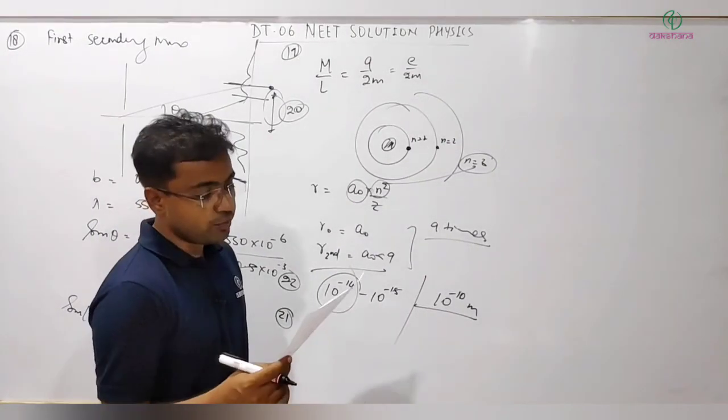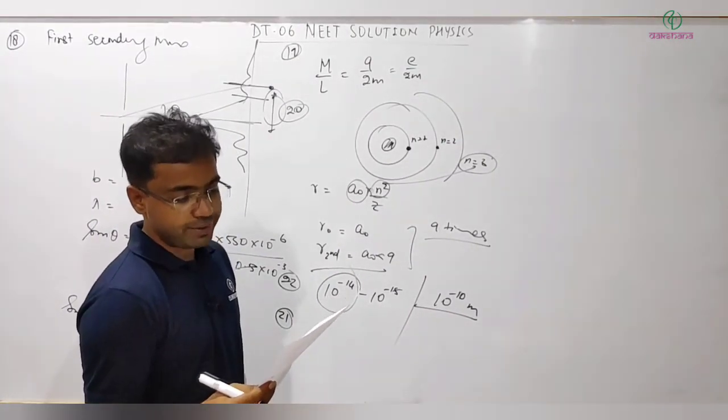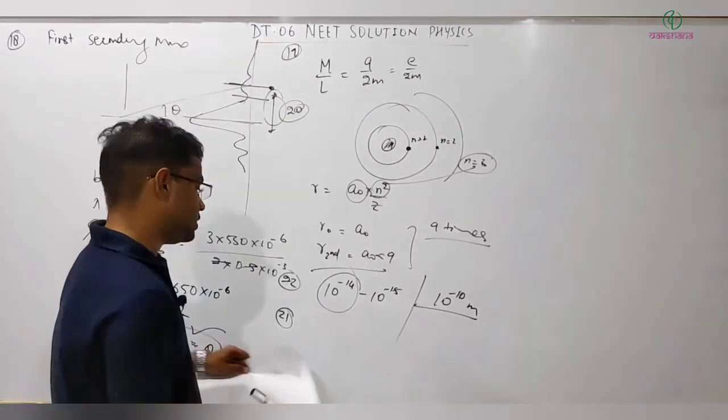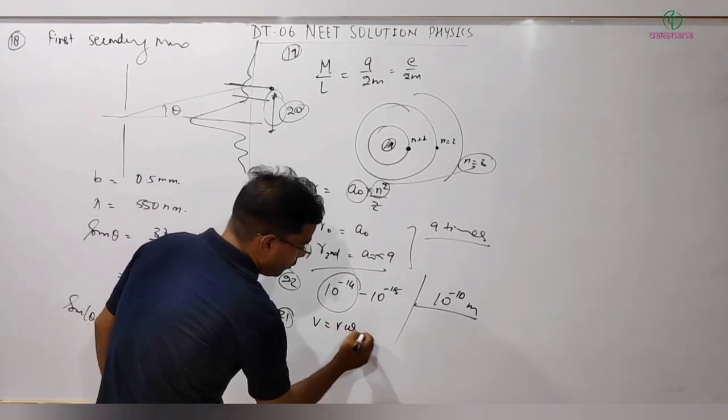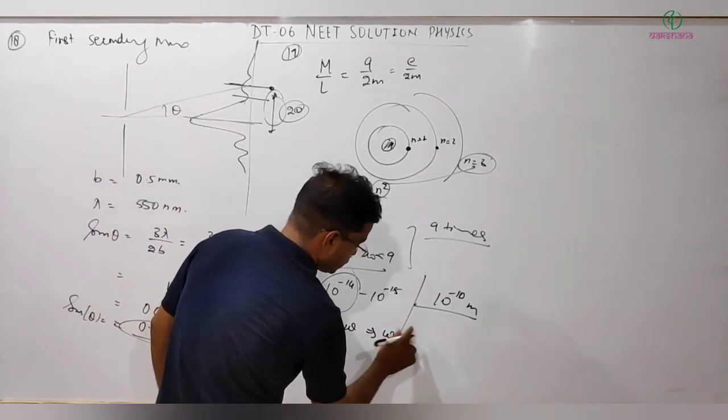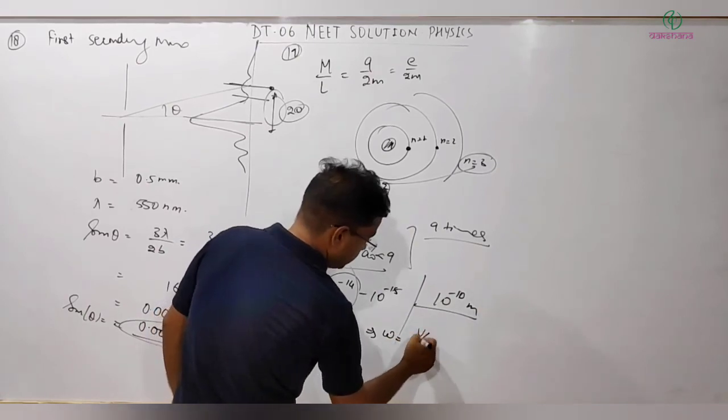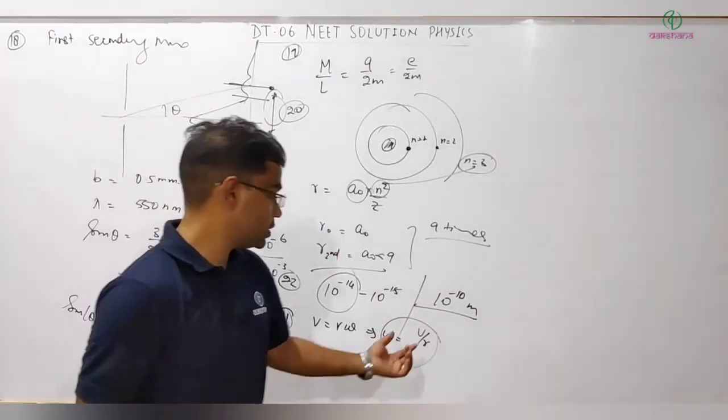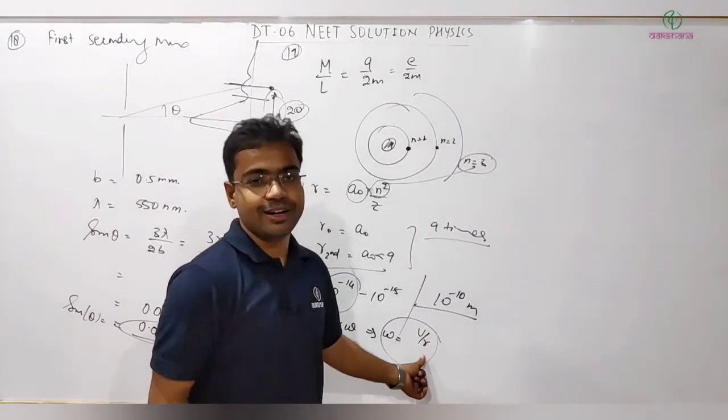Question 21 says: for an electron in the nth orbit of an atom, the angular velocity is proportional to what? We know v is equal to r omega, so omega is equal to v by r. Now you must know the relation of v and r in terms of n.